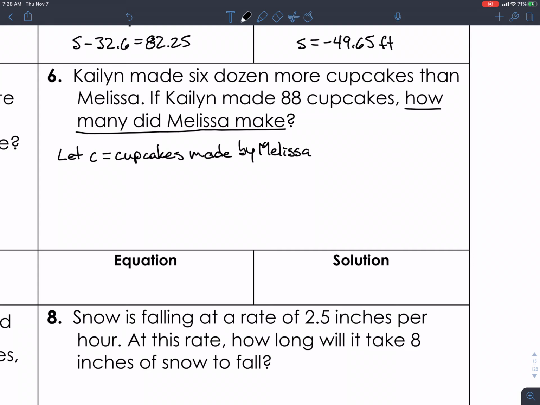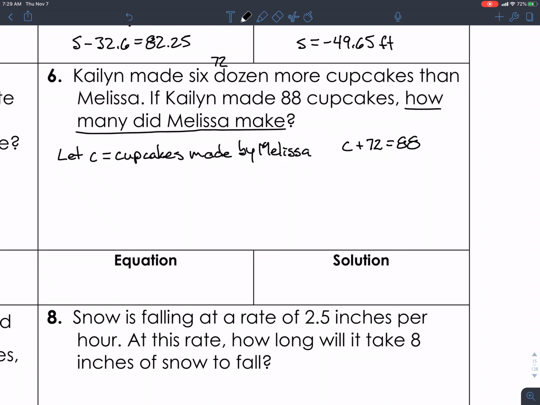Each dozen is 12, so 6 dozen is 72, right? So Melissa made C, Kaylin made 72 more. That should equal 88 cupcakes.